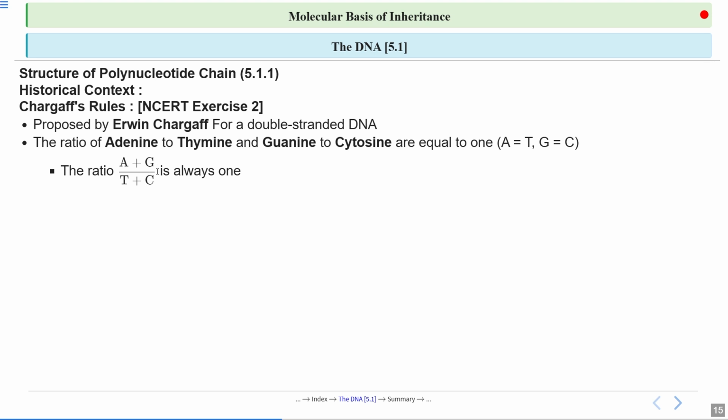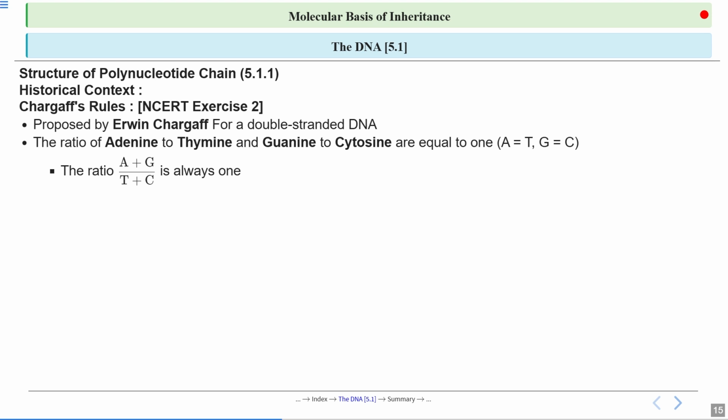Why is it so? Because the ratio of adenine to thymine and guanine to cytosine are equal to 1. That is, A equals T and G equals C. Why?